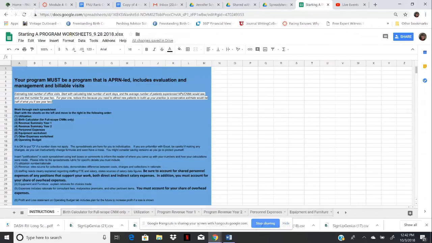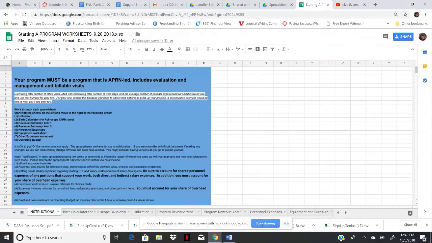And starting out with that, your program has to be an APR and lead program, and it must include some billable visits, okay? It also talks about the different tabs within the spreadsheet, starting with the utilization and birth calculator. Now, the birth calculator is only for those full scope nurse midwifery students or nurse midwives that are in the course.